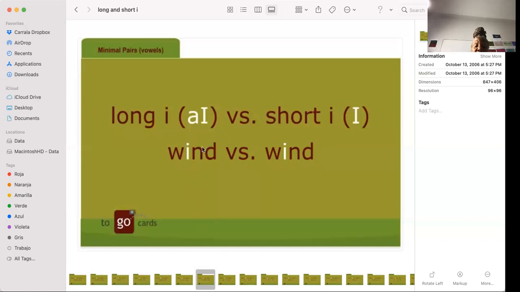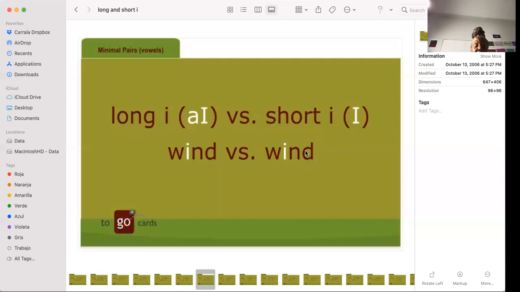When you have the long I sound, it's wind, to wind something up. In the short, which is a capital I representation, wind.